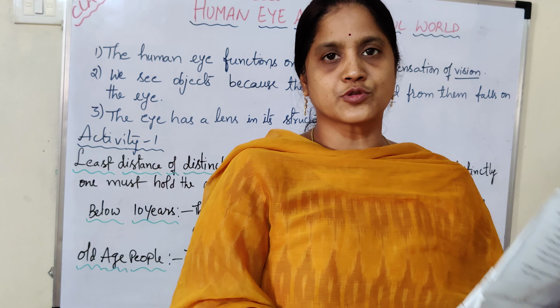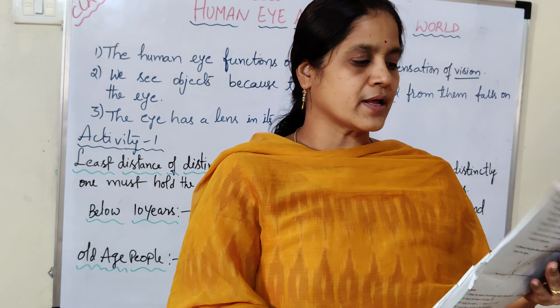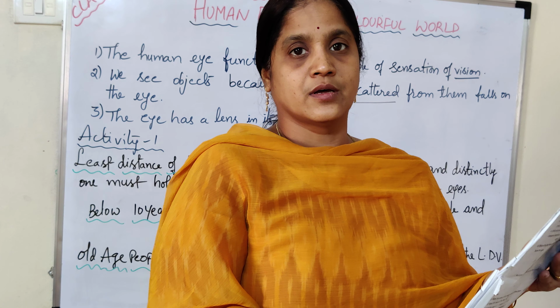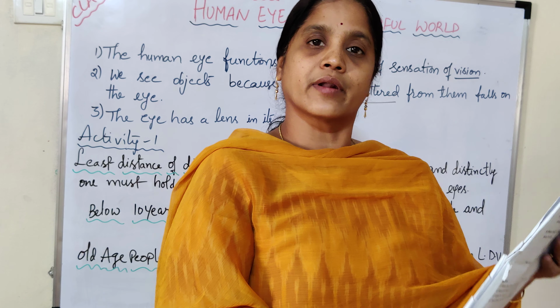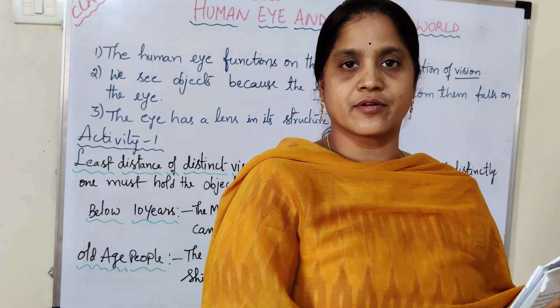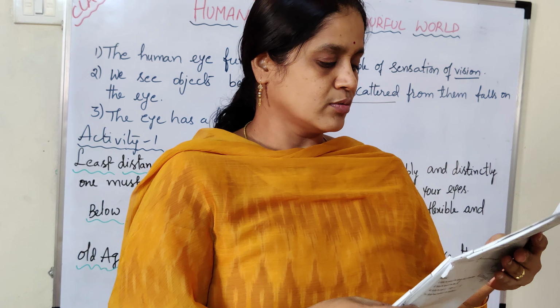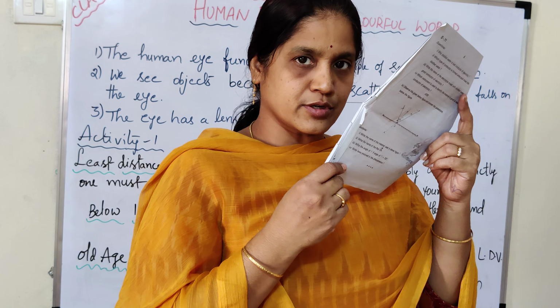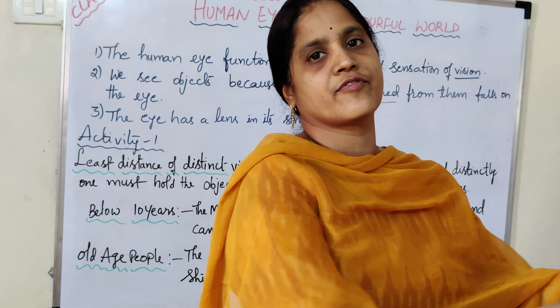You have to adjust the newspaper at what distance you can comfortably read it without any strain on your eyes. So just move it nearer to the eye and away from your eye.